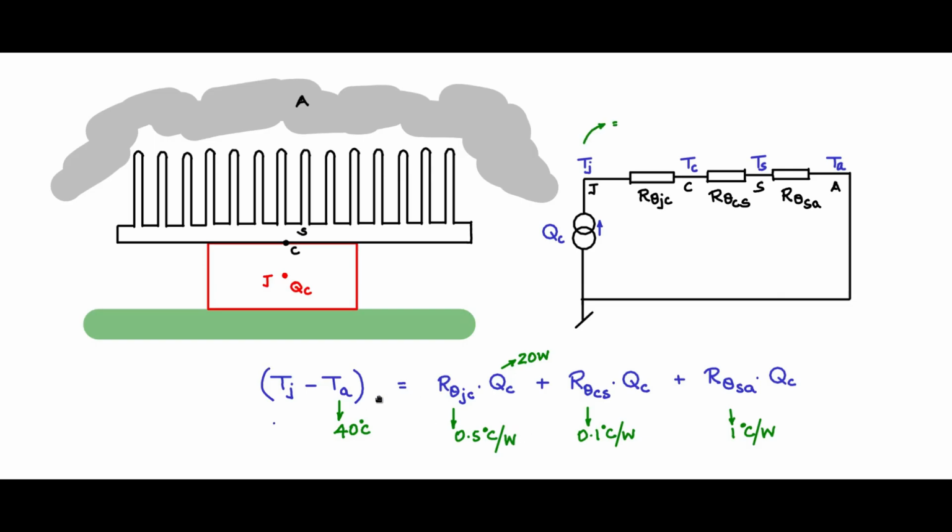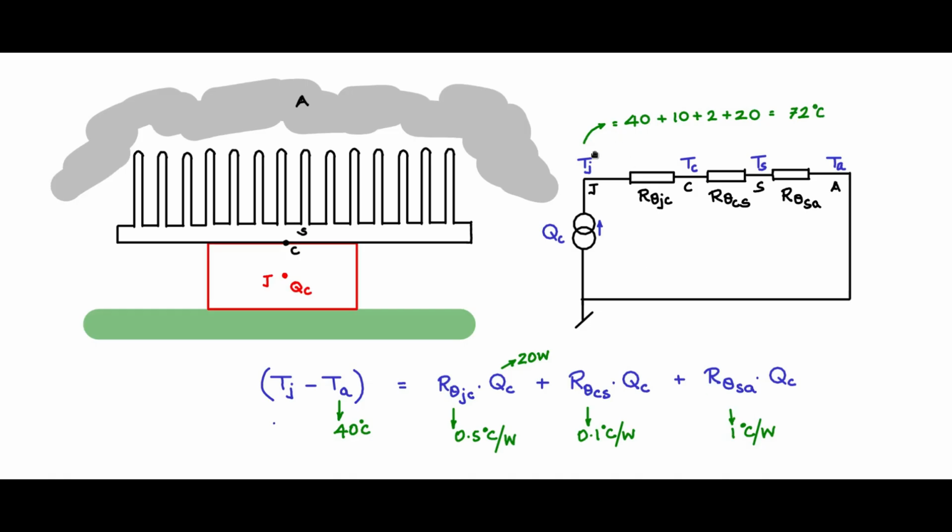Tj is 40 plus this value, 10 degrees, plus this value, 2 degrees, plus this value, 20 degrees. So that comes to 72 degrees centigrade.